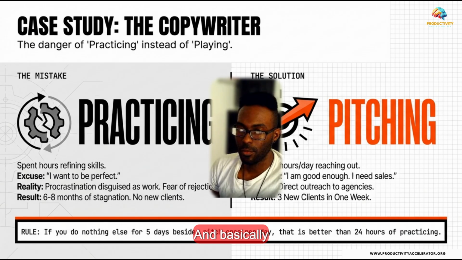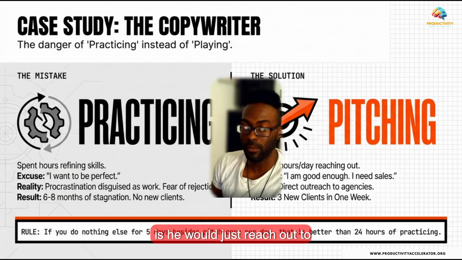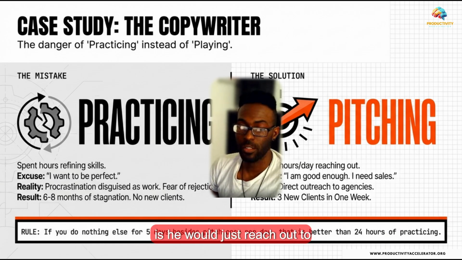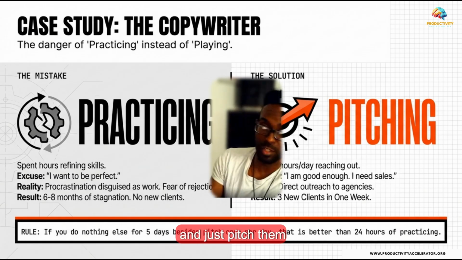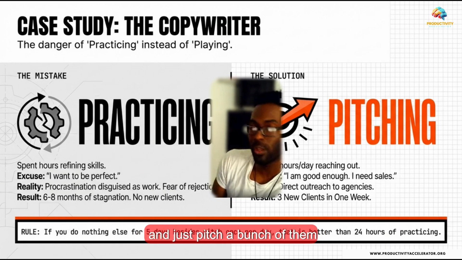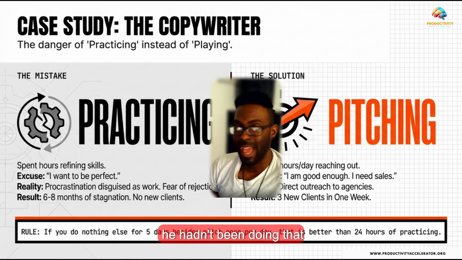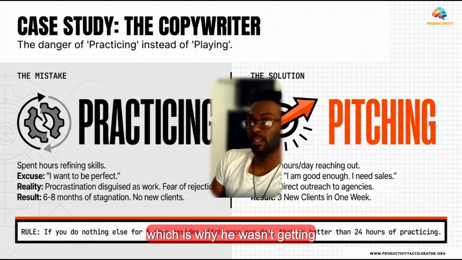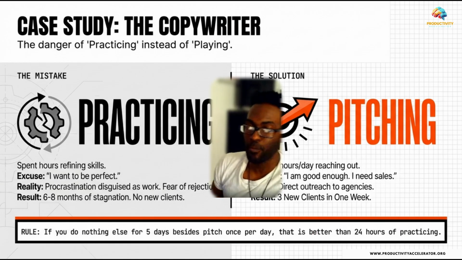The main thing that he did in the past to get agencies, which is, if it worked in the past, keep doing it, is he would reach out to a lot of agencies, send his information, like his resume almost, and write a big pitch proposal and pitch a bunch of them. And for 6 to 8 months, he hadn't been doing that, which is why he wasn't getting more clients, because they weren't looking for him. He needed to go actively look for them.